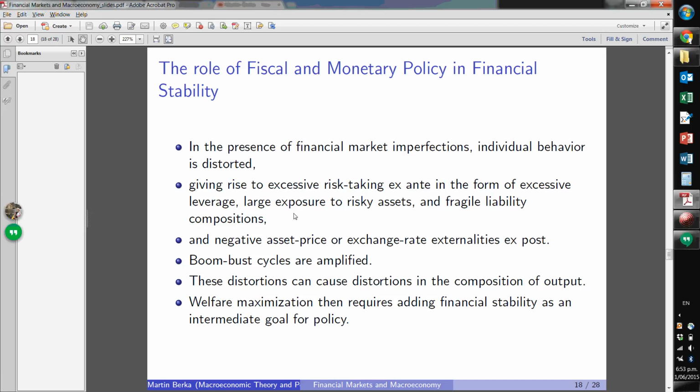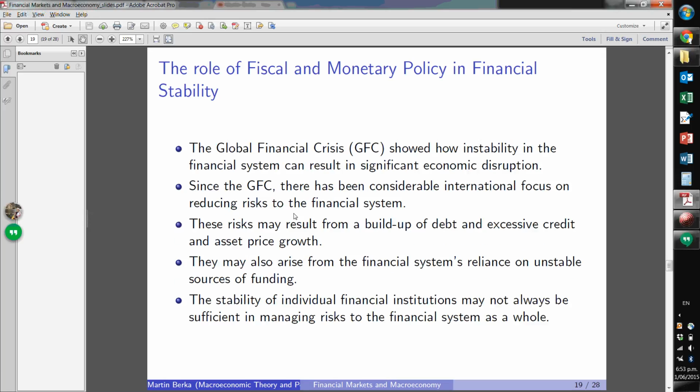So they create some kind of financial stability goal for monetary policy, and this is going to be highlighted by the global financial crisis, of course, as a backdrop, which showed that the instability of the financial system can result in large economic losses.